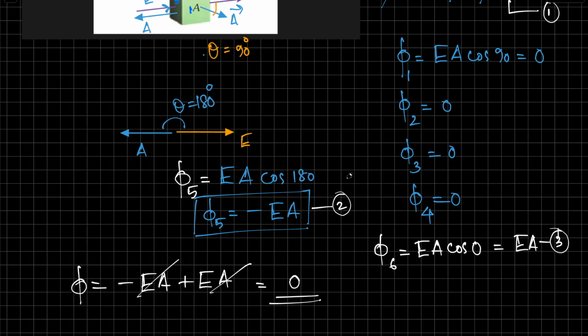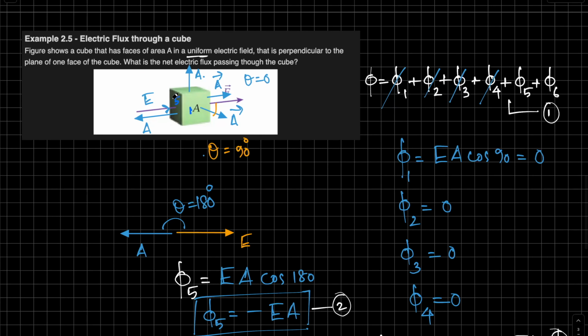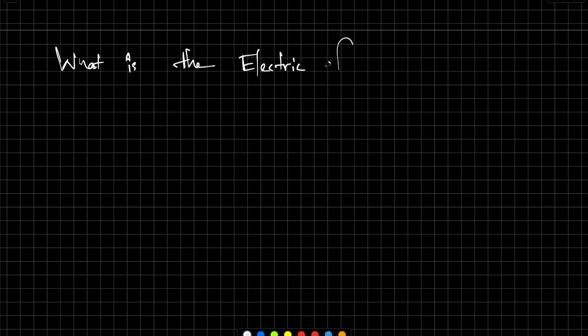Now, what if the question is to find electric flux through only one face of the cube? Let's say this dark face on the left side. So I'm going to modify this question a bit. What is the electric flux phi through the dark face?